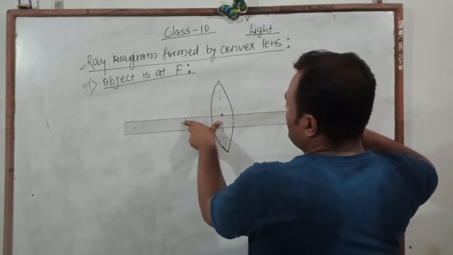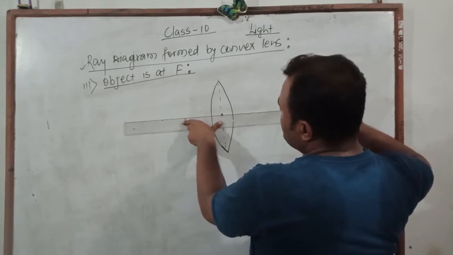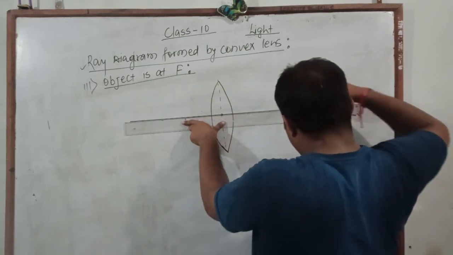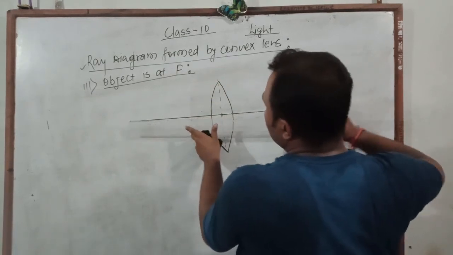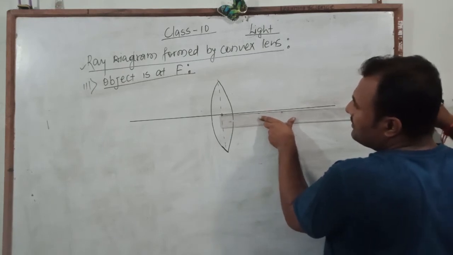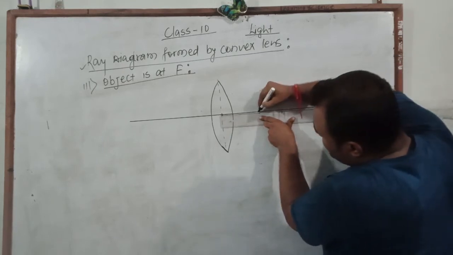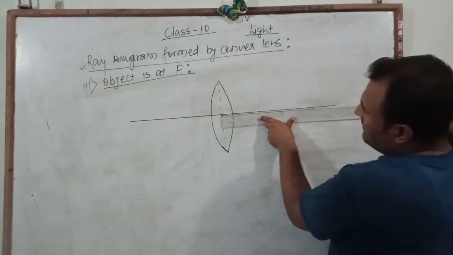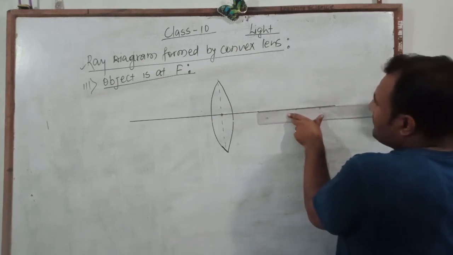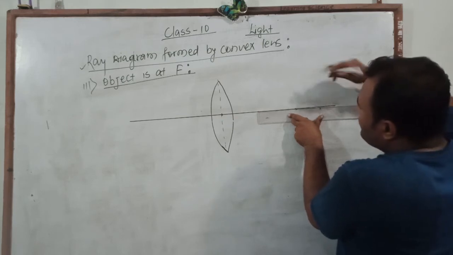And then the principal axis, it should be straight, and then we measure equal distance from the optical center on both sides, which is known as principal focus. Twice of the principal focus is called 2f.